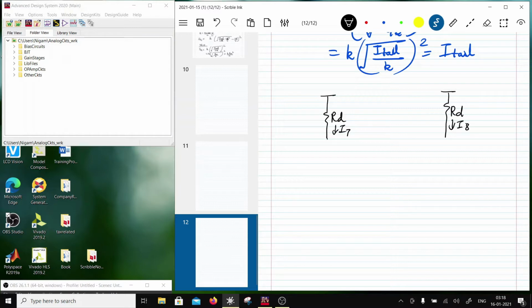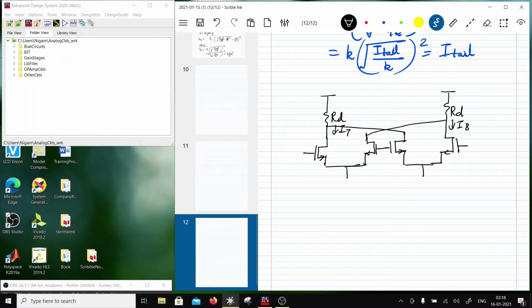Now here I am going to have one translinear cell, and then I'm going to have another translinear cell over here. So I have two translinear cells, and this output is connected over here, and this is connected over here.